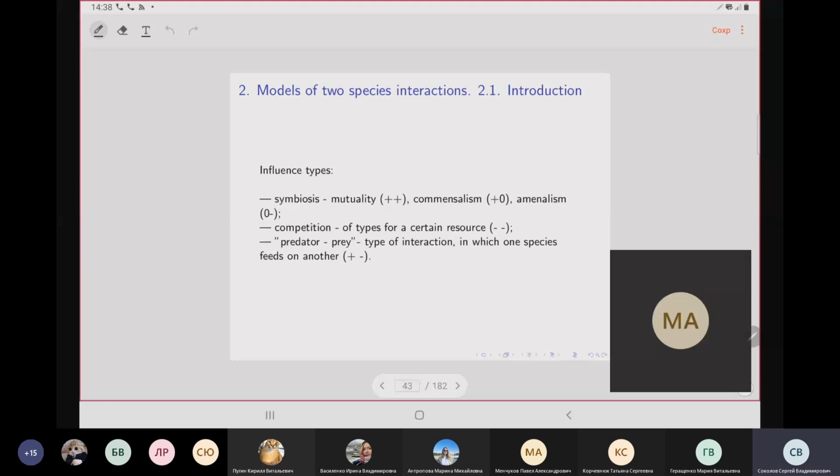And the last one, maybe not that common, is symbiosis. It contains three different types. The first one is mutualism, when both of the species have some benefits from the interaction.